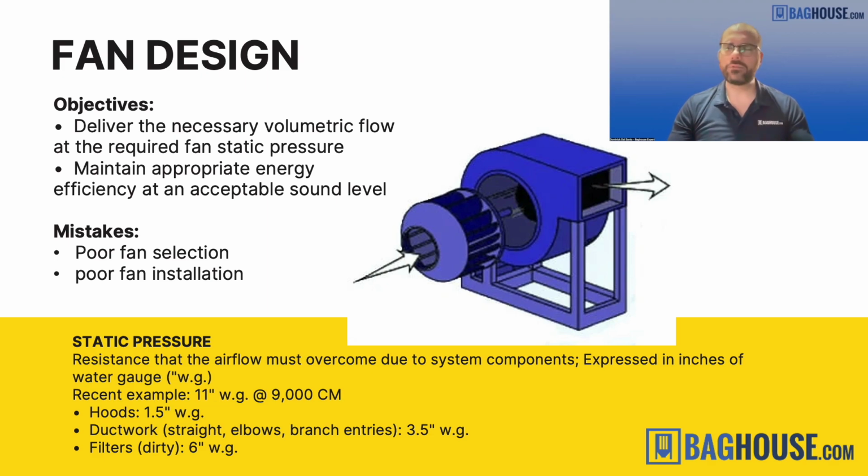So we can calculate it and we can say, okay, the entire ductwork system from the furthest point, which is usually the most constricted, all the way back to the dust collector, will create, okay, 4 inches of static pressure. Or we can say 4 inches of resistance. So we have to overcome 4 inches of resistance in order to pull the air through the duct.